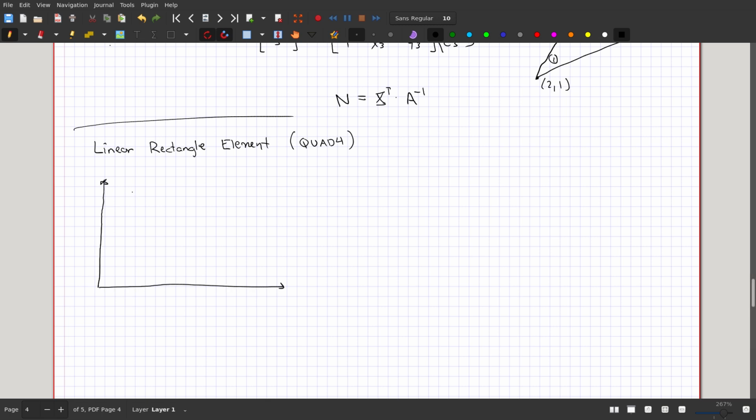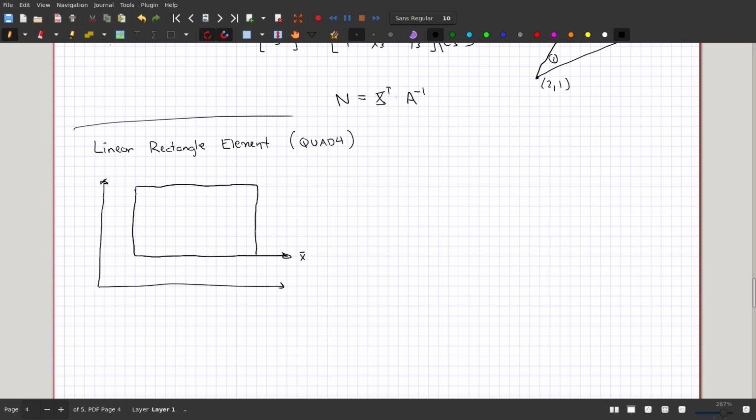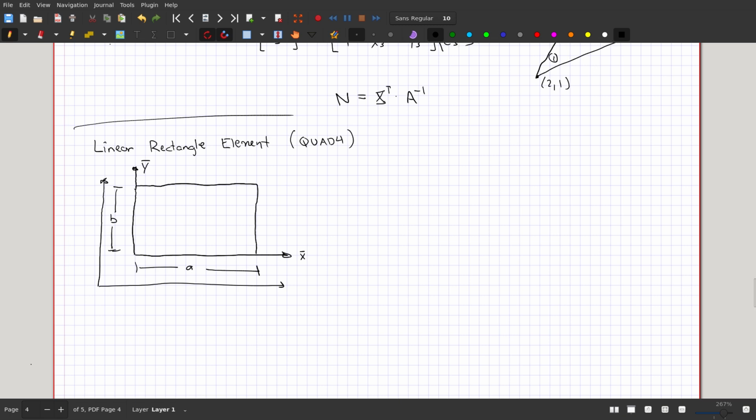For this, we will introduce a local element coordinate system that sits in the lower left-hand corner of the element. We'll call this x bar and this y bar. And so this element has a height b and a width a, and local node numbers 1, 2, 3, 4.